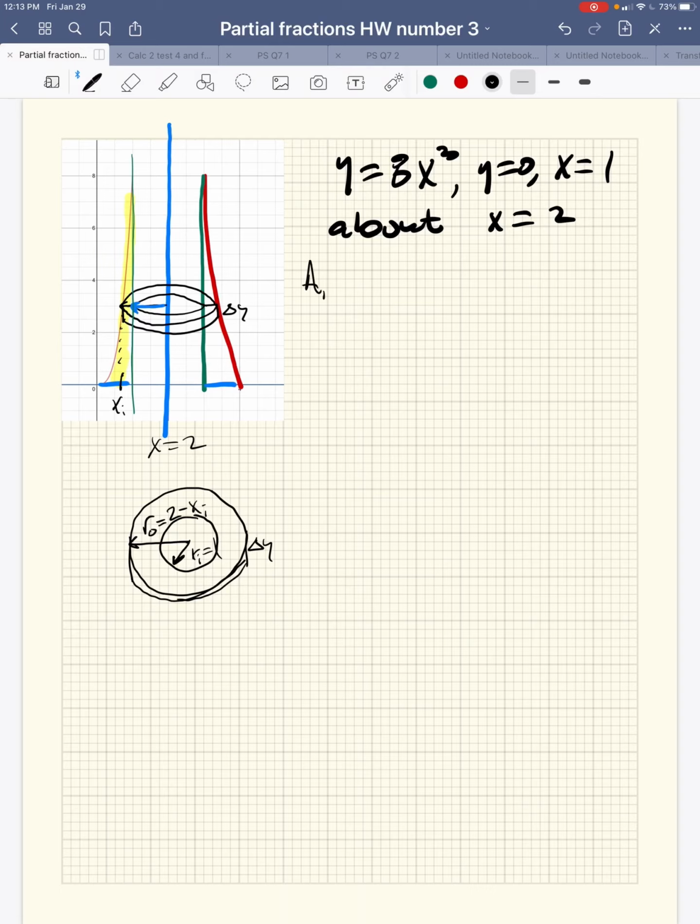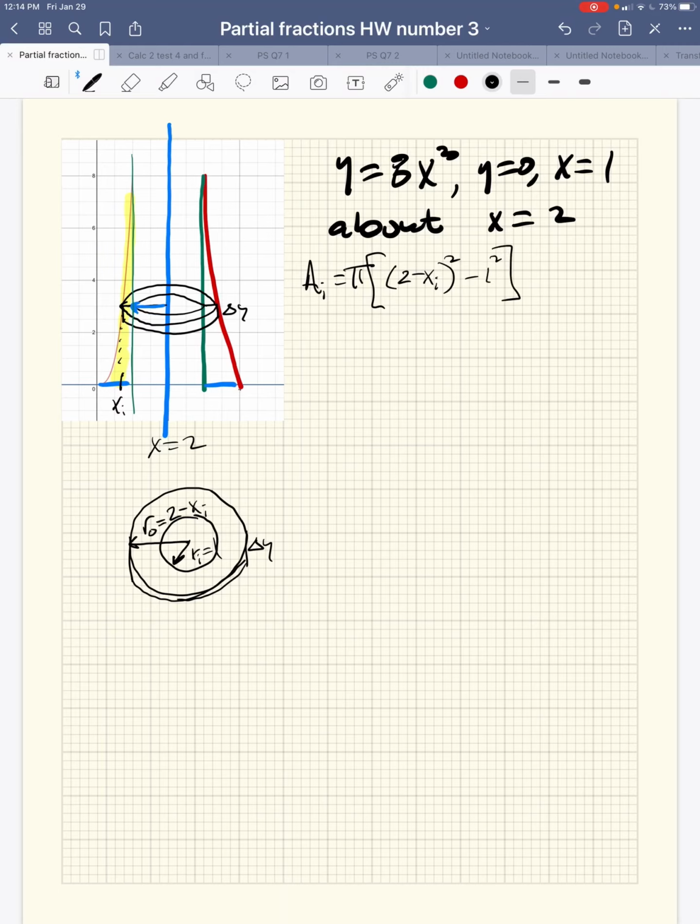So A sub i, the area of any washer that we would generate here, would be pi r squared. So that's now an outer minus an inner, so we're going to go pi times the outer radius, 2 minus x sub i, squared, minus the inner radius, 1 squared.